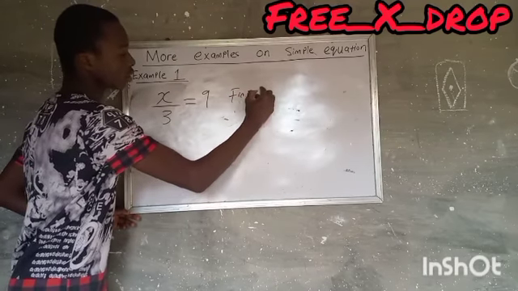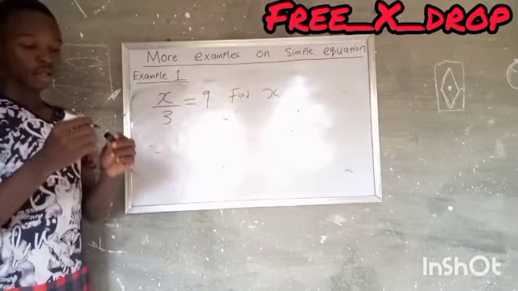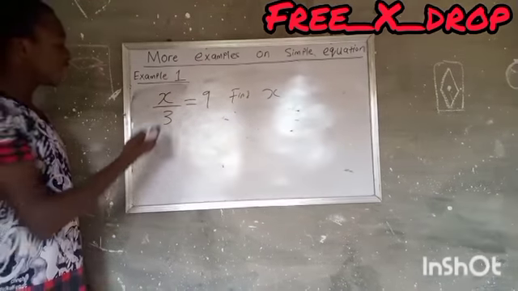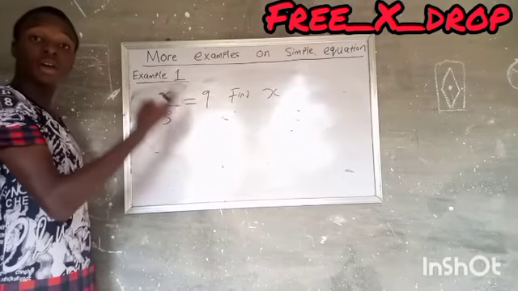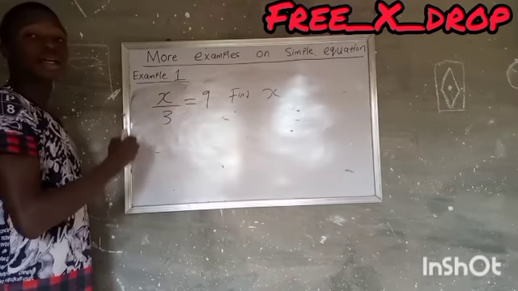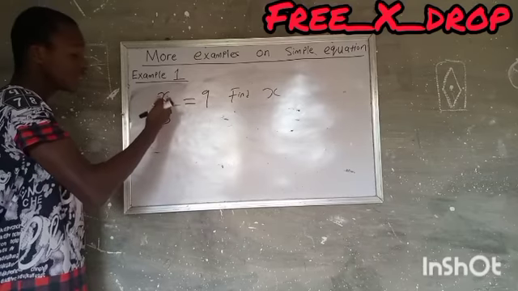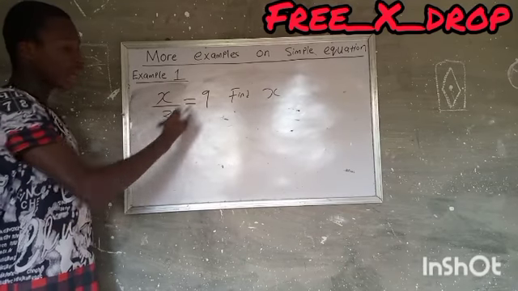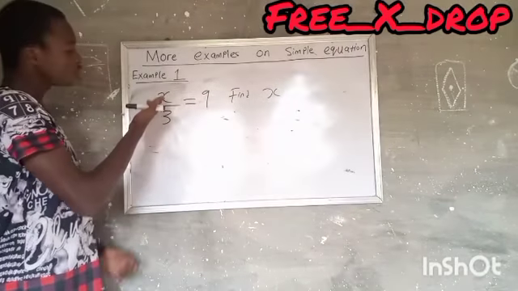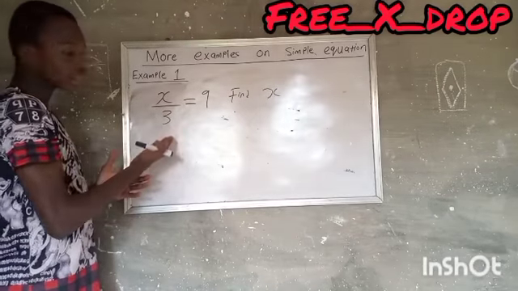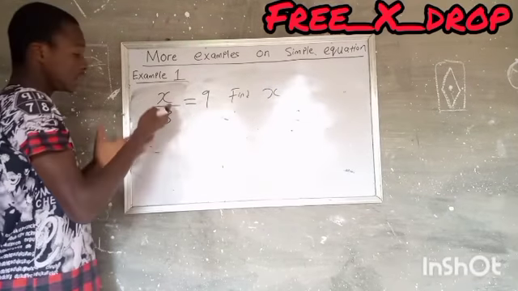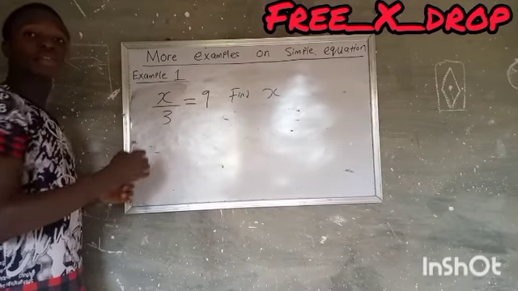Find x. Now for this one, they said x is divided by 3. For the other one, they said x is multiplying 3, or 3 is multiplying x. But now x is being divided by 3 and it gives you 9. So which number will 3 divide that will give you 9? That's what they're asking. So what do you simply do?